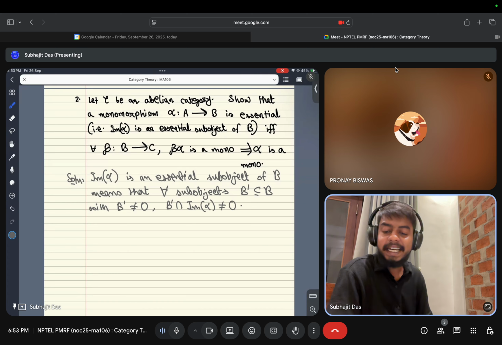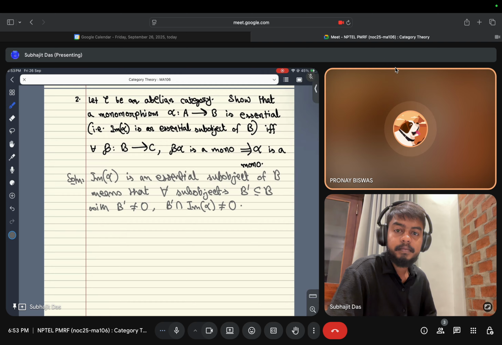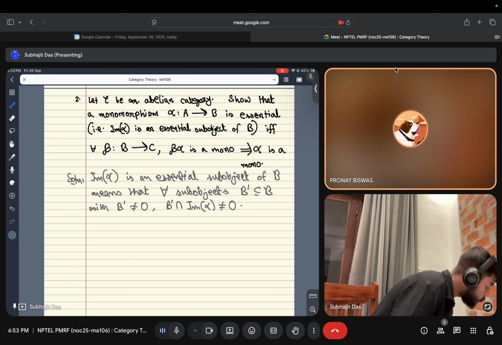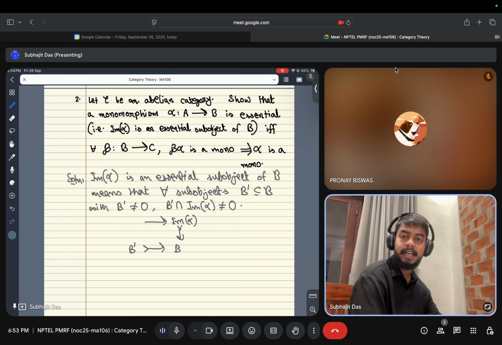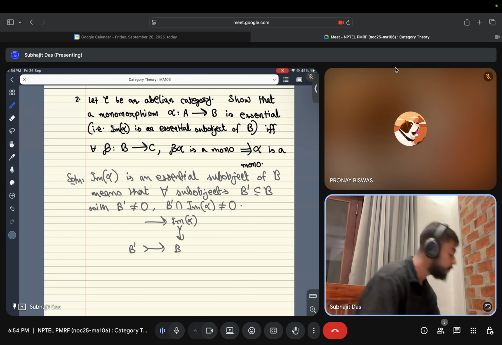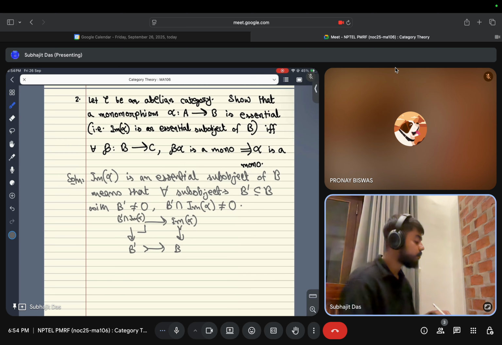And what do we mean by the intersection of two subobjects of an object? Yes, so we take B and we have B prime and the image of alpha, and we form the pullback, which by the way exists because we are inside an abelian category, which is finitely complete. So this pullback is what is referred to as our intersection.